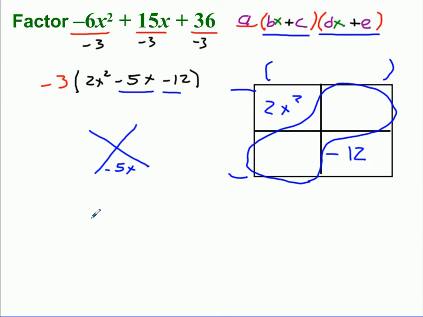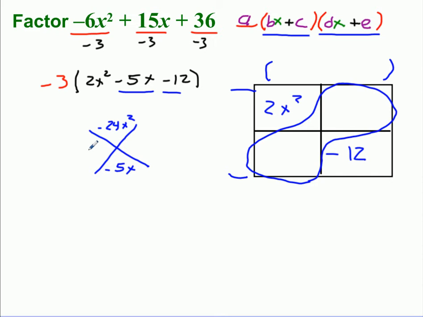Those 2 terms are also going to have to multiply together to give me whatever 2x squared times negative 12 is, in this case, negative 24x squared. So I'm really looking for 2 terms that multiply together to negative 24x squared and add together to negative 5x.